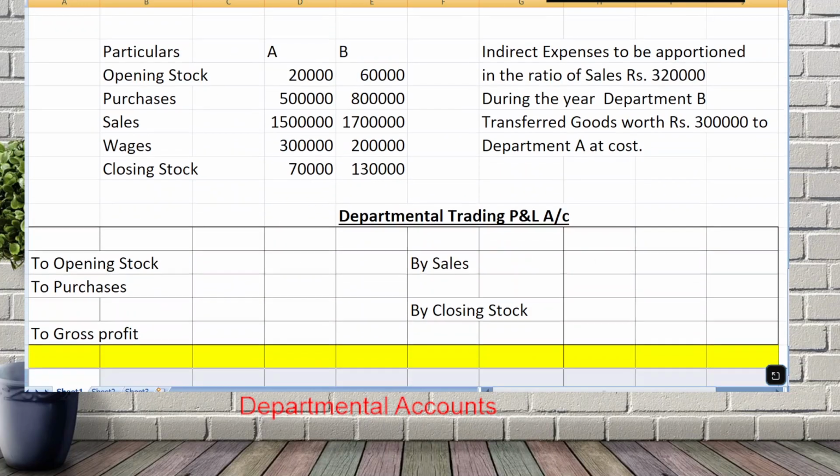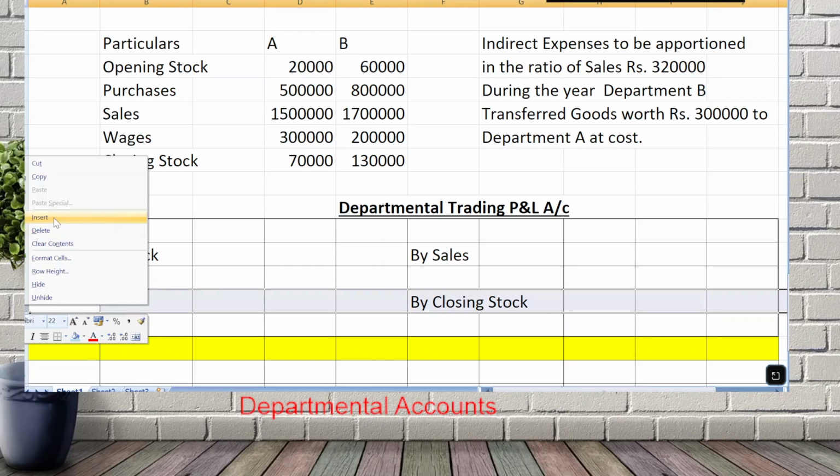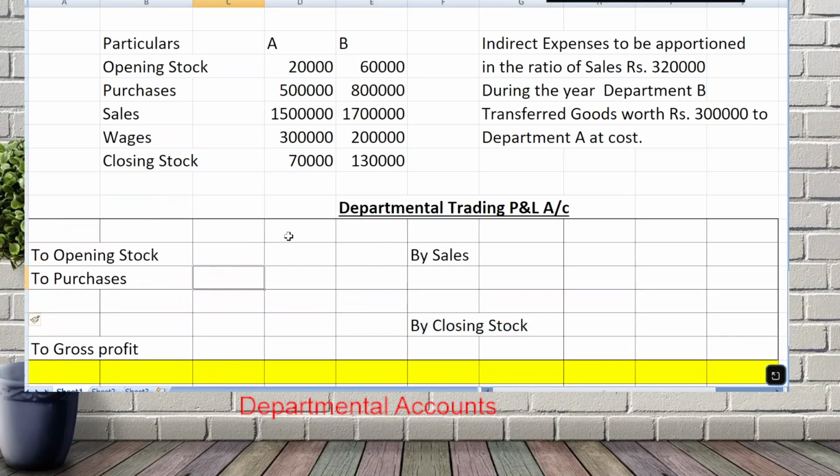Prepare which account? Departmental trading and P&L account. What are the departments? Simple to do. What is the sales? 17 lakhs. Opening stock?